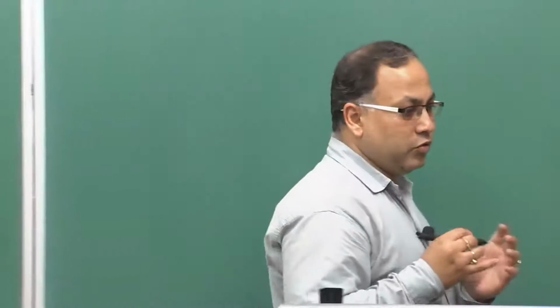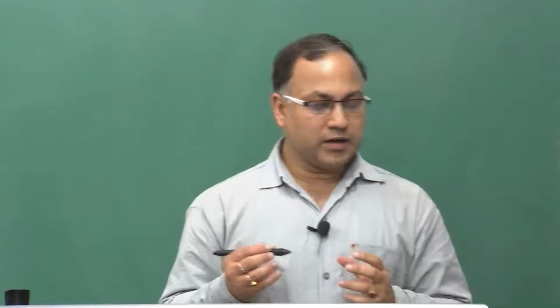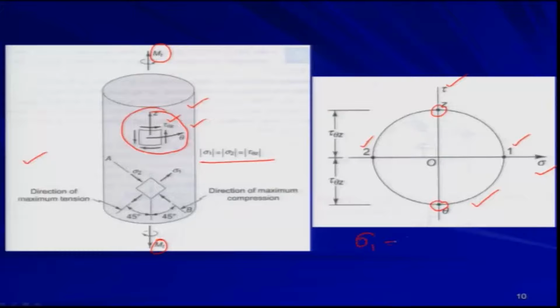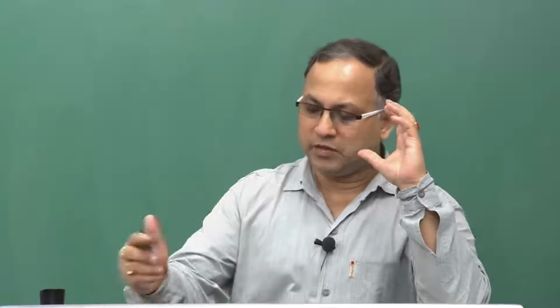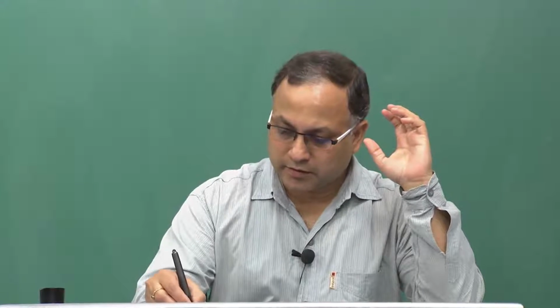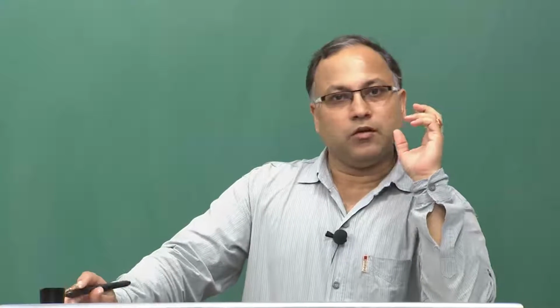From the Mohr circle, sigma 1 is tau theta z, whereas sigma 2 is minus tau theta z. So tau theta z is the magnitude, the radius of the Mohr circle.